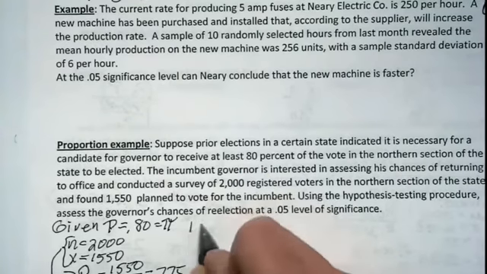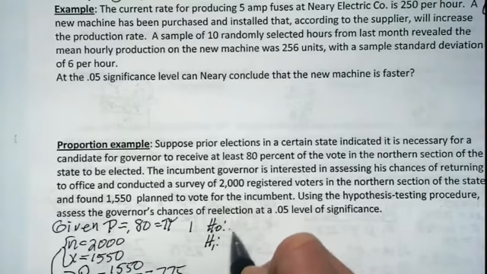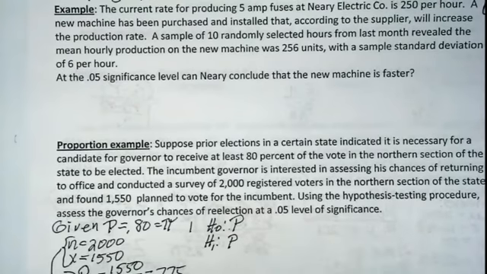Okay, so let's write the null and alternate. This one's a little bit tricky. Oh, by the way, instead of using mu, we're going to use population. We're testing the population proportion. It's a little bit difficult in here to find the keyword. See if you can find it.